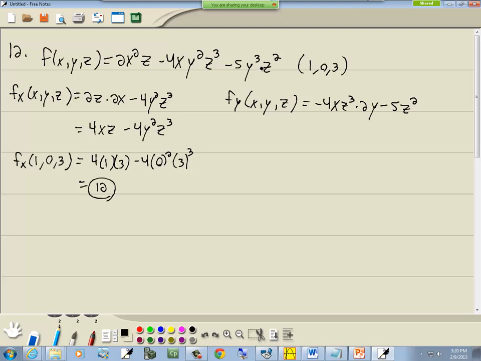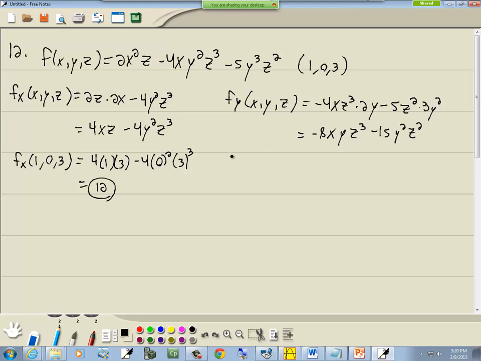So take the derivative of y to the third, and that gives us 3y squared. So that gives us negative 8x y z to the third minus 15 y squared z squared. Now let me double check that. Negative 8x y z to the third minus 15 y squared z squared.